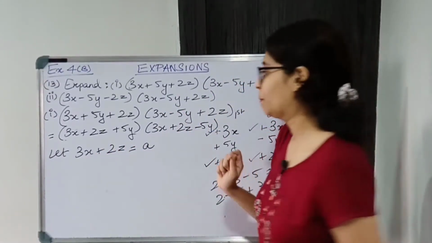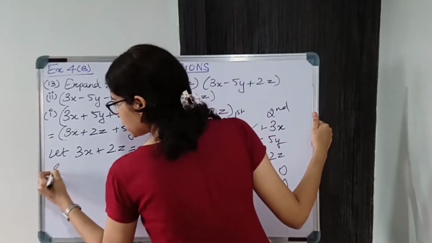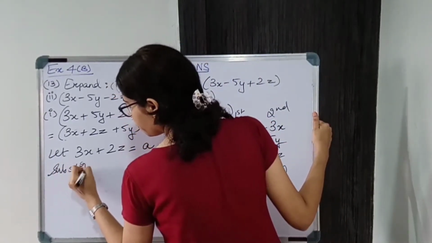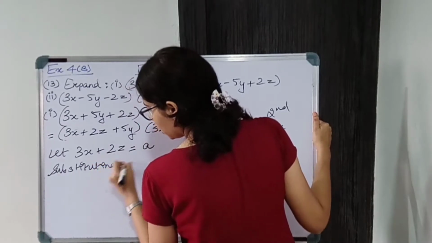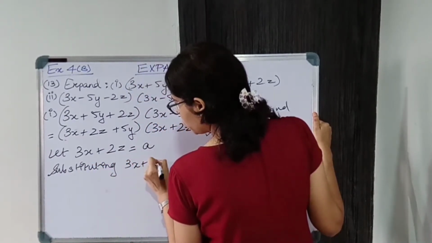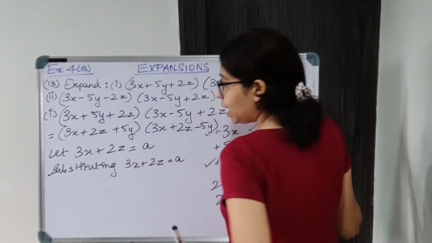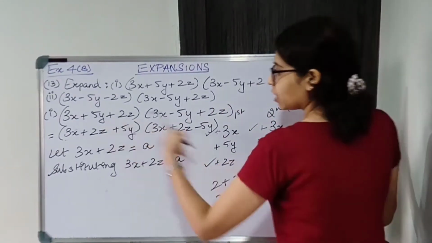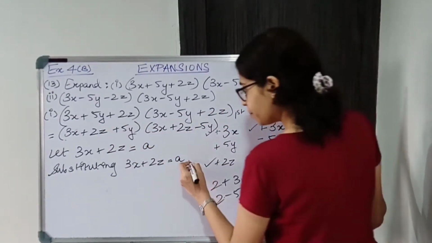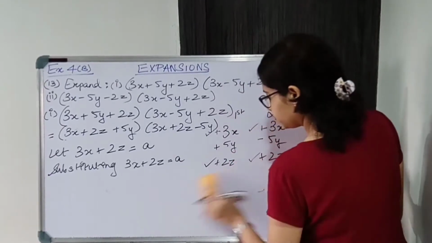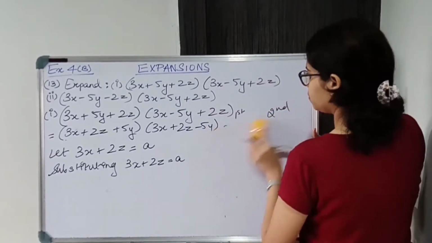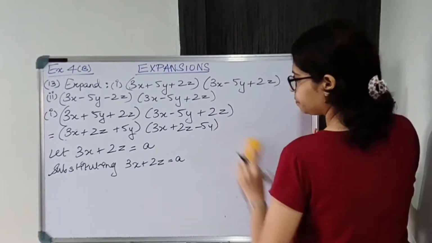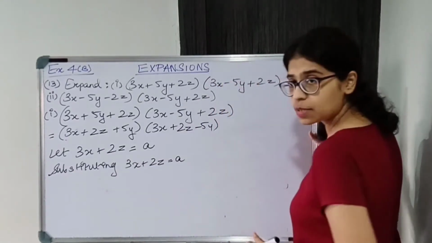Okay, so substituting 3x plus 2z equal to a in this. Let us make the substitution.